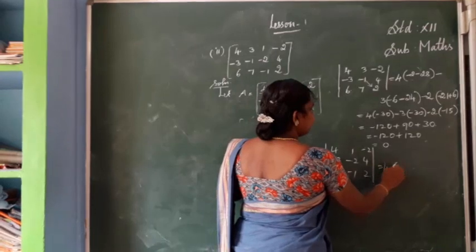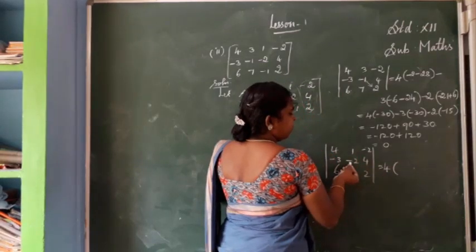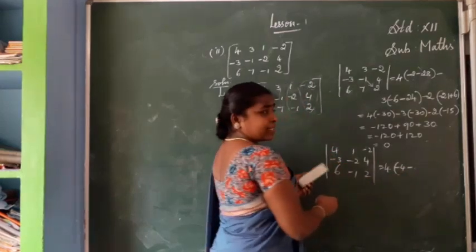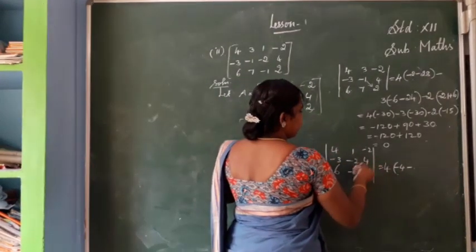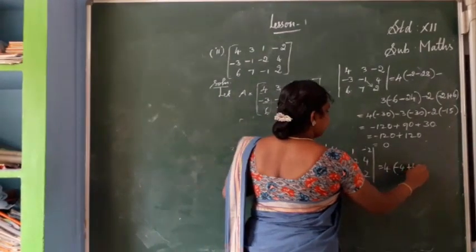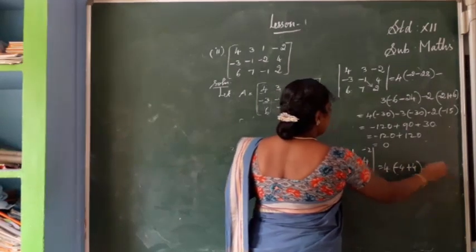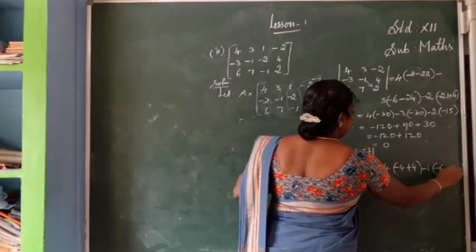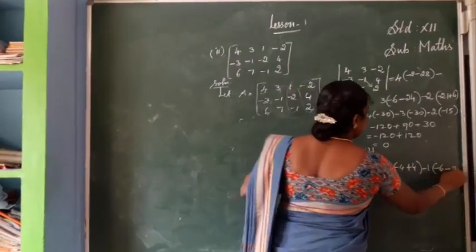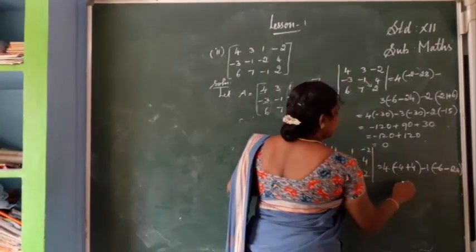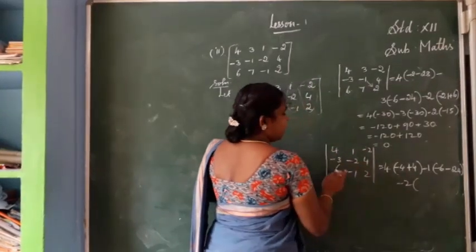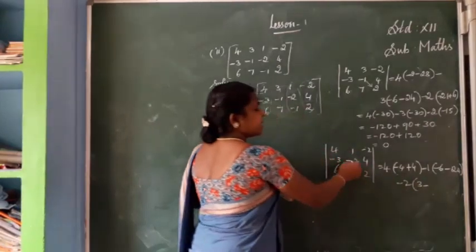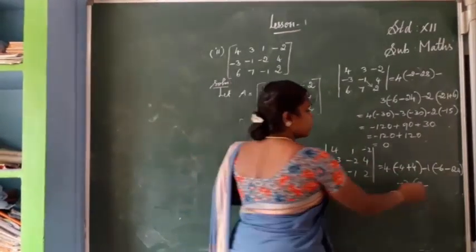Equal to, here also the same determinant: 4 into, we need the first one, first column, minus 2 into 2 minus 4. Already I explained this, so that's why I am writing it here. So plus 4, minus 1 into, now minus 3 into 2 is minus 6, minus 6 4s are 24. Next, minus 2 into, next one: minus 2 minus plus 3 1 is 3, minus 6 into minus 2, so minus 12, so plus 12.